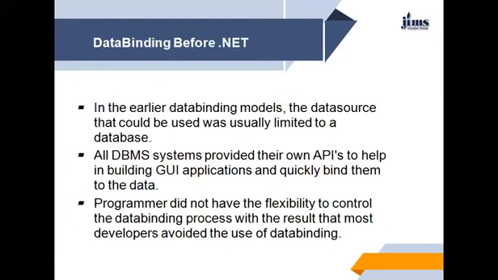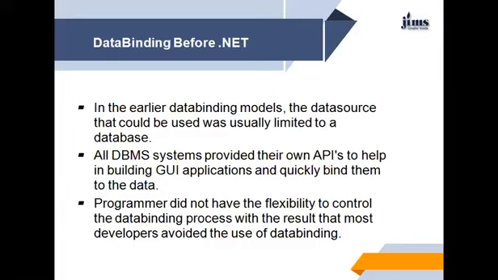Data binding before .NET. In the earlier data binding models, the data source that could be used was usually limited to a database. All DBMS systems provided their own APIs, application programming interfaces, to help in building GUI applications and quickly bind them to the data.